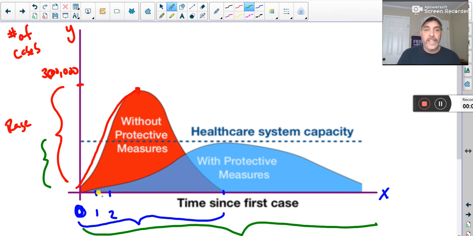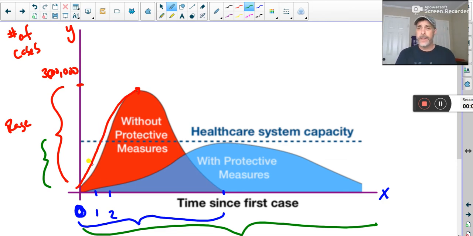So we're trying to flatten this curve, take this curve, which would spike very quickly and overwhelm our hospitals and cause a lot of cases, and flatten it out. Stay at home, fewer people getting sick. We stay within our healthcare system's capacity, and people over time may be infected, but not with such quick rate.